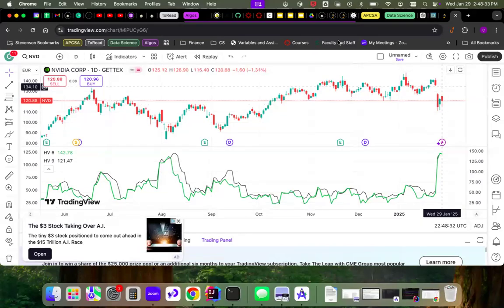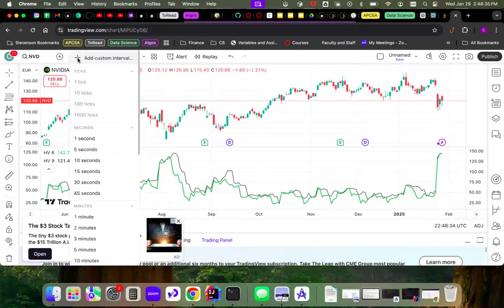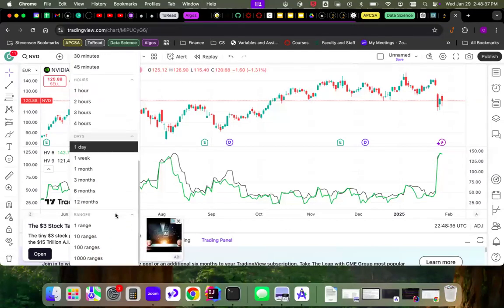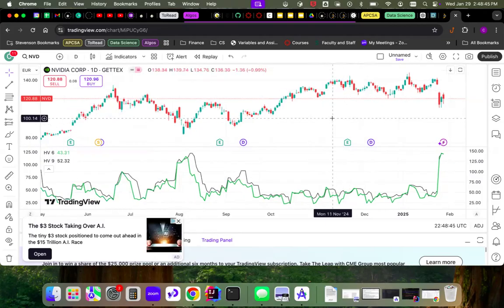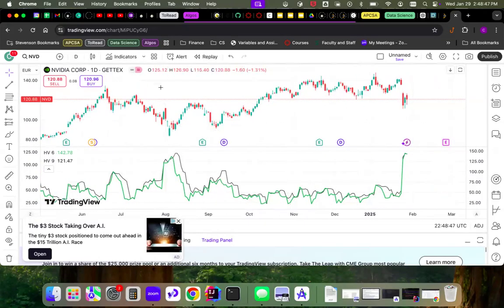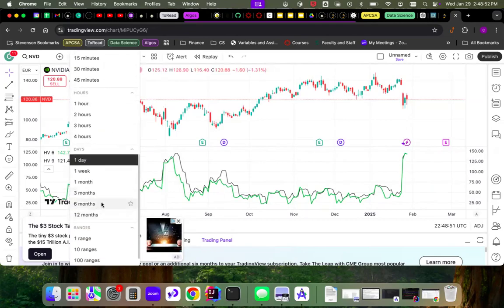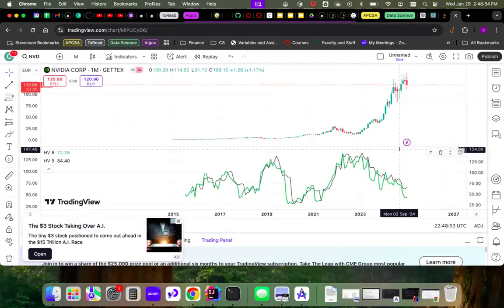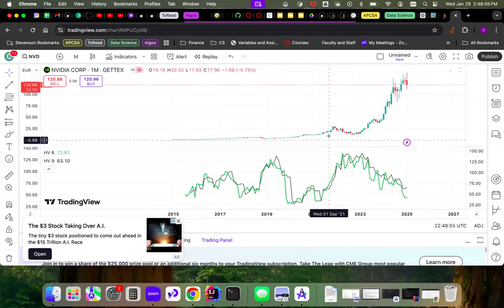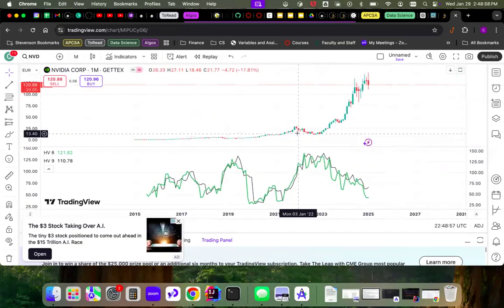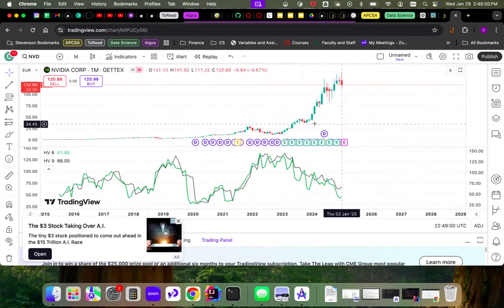If you look at the stock long term, it's stupid. So days, months, range. All right, let's just do this. My fingers aren't dexterous enough to do this. Month. There, that's NVIDIA stock. What's the graph below?